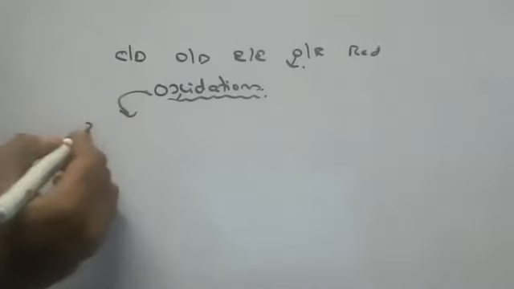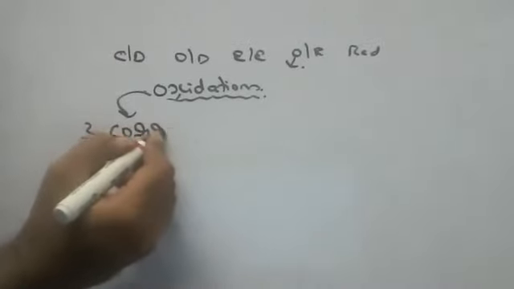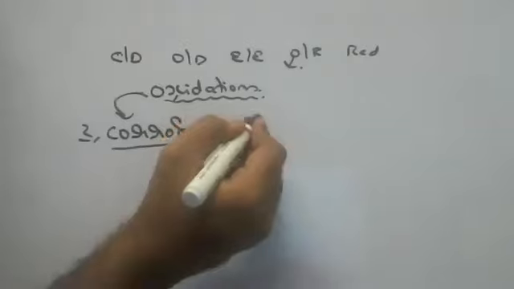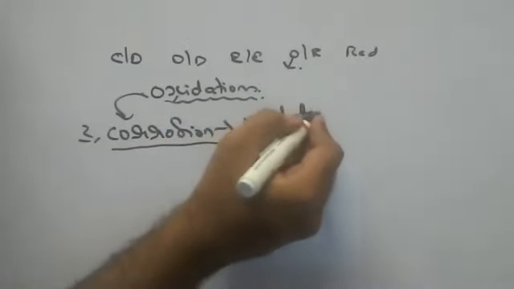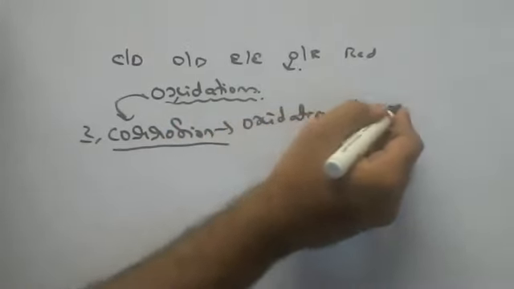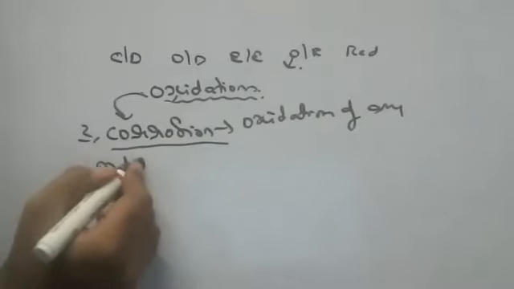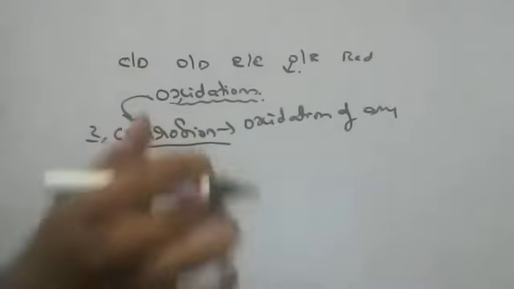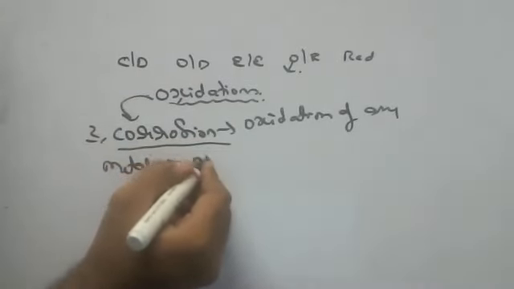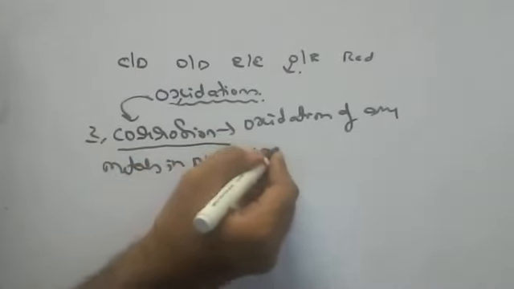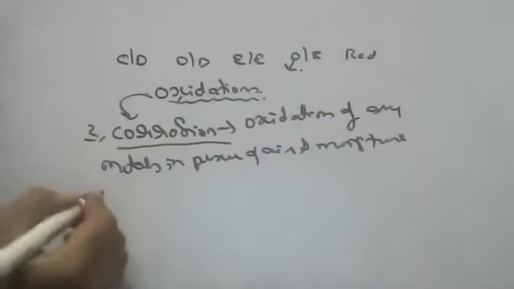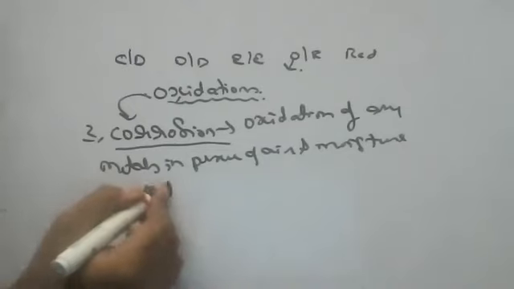Second one, corrosion. What is corrosion? Oxidation of any metals in presence of air and moisture is called corrosion.